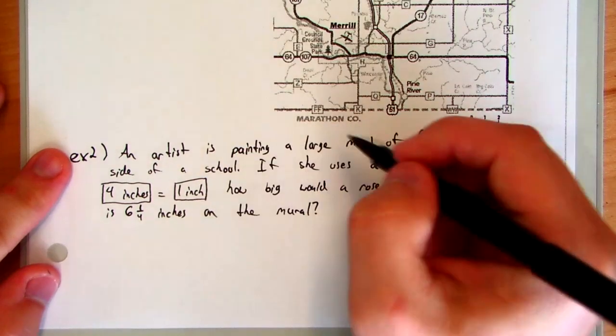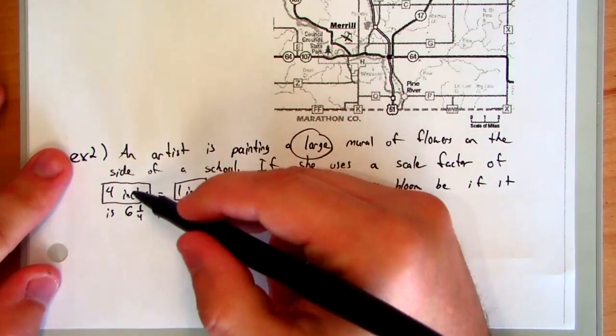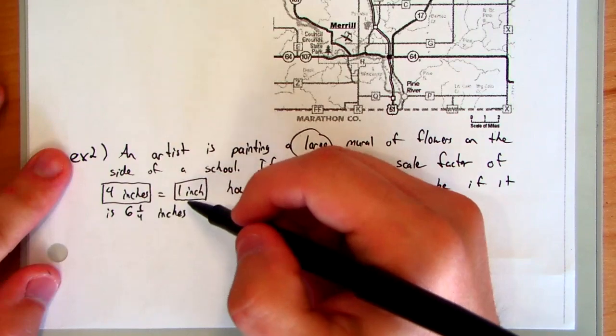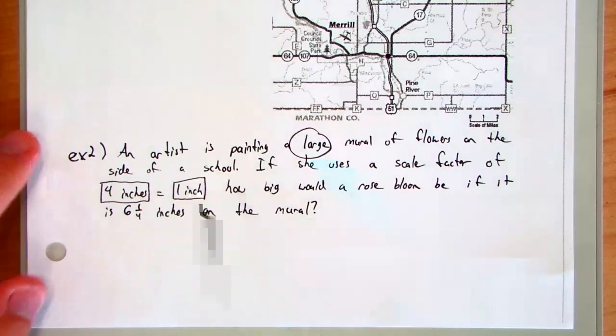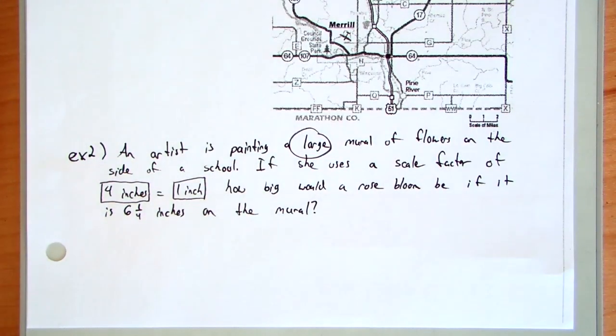That makes sense because if we're painting a large mural on the side of a school, we want it to be bigger than what it is representing. So it says, how big would a rose bloom be if it is 6.25 inches on the mural?